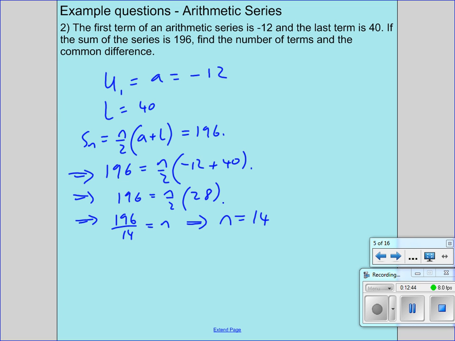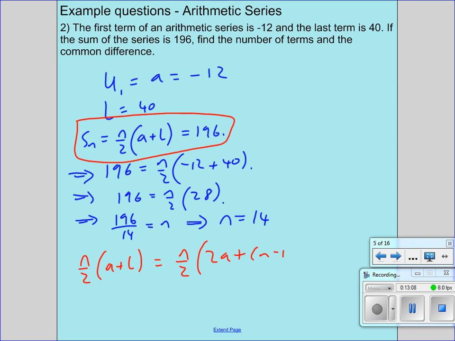Now it says find the number of terms and the common difference. Well, what we can do is compare this first equation with the second version of Sn, because the second version includes d's, and I need to find d. So I can say that n over 2 times a plus l equals n over 2 times 2a plus n minus 1 d. Therefore, plug in the numbers.